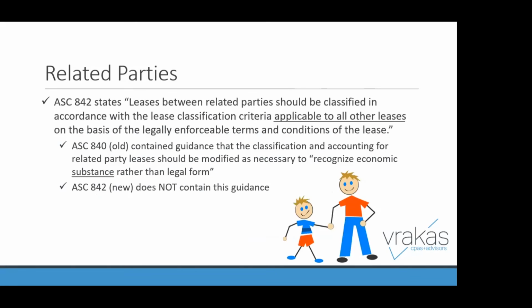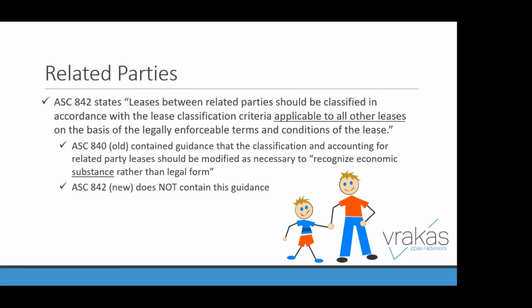A couple other miscellaneous things to point out is related party leases. So the guidance in the new standard, ASC 842, says that basically you should look at related party leases the same way you would any other lease, so any other third-party lease. Under the old standard, there was some guidance that specifically said that for related party leases, you should modify your conclusions or your accounting for those leases to recognize the economic substance rather than the legal form.